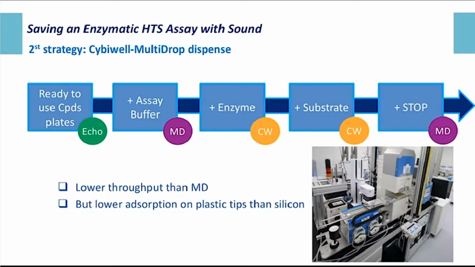In fact, we observed less adsorption of the substrate on the plastic tips than on the silicon tubing, even if the use of the Servier decreases a bit the throughput of the assay. In this case, we decided to dispense the substrate and the enzyme with the Servier. And I will present the result of the pre-screen using this robot in the next slide.